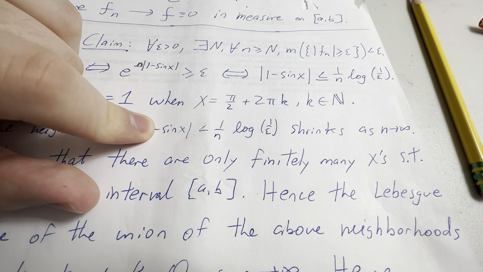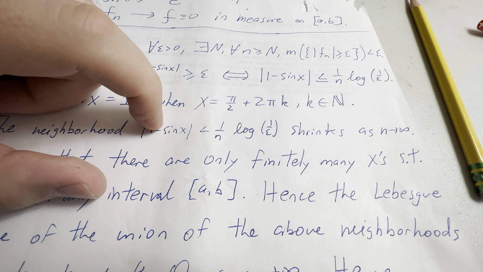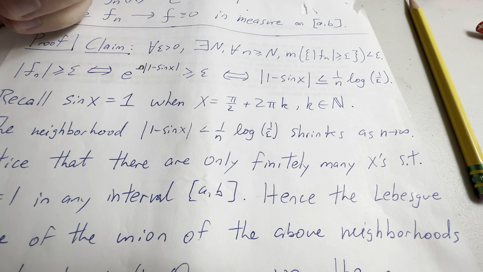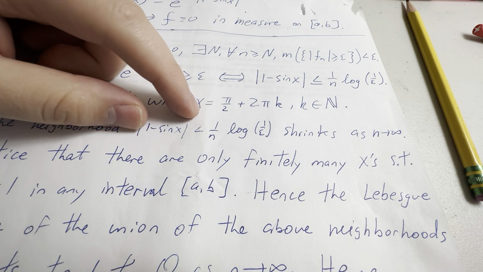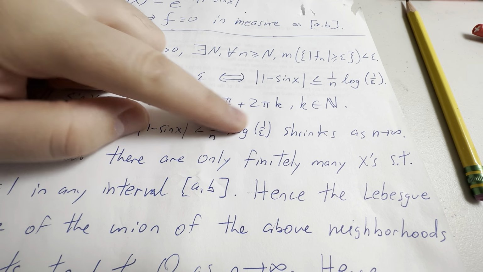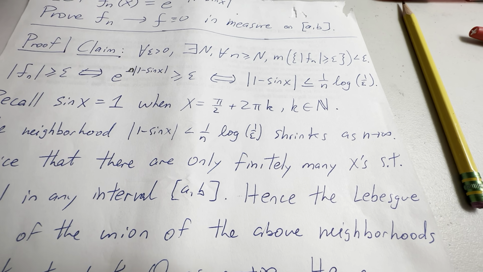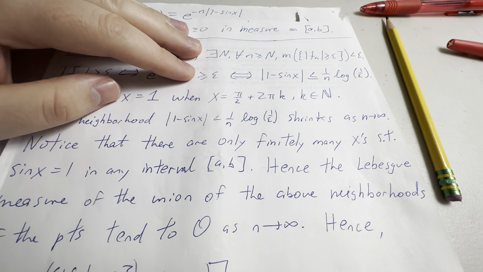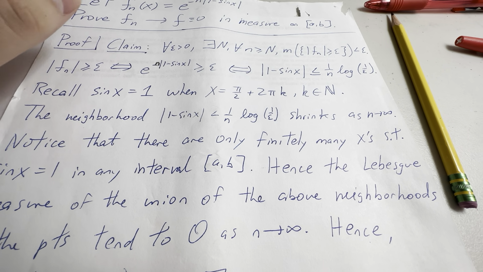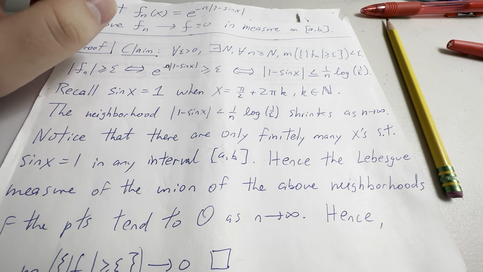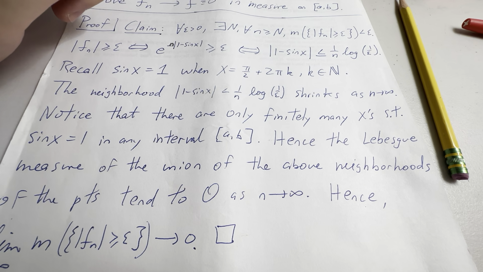x's that satisfy this for every possible n are those where these two are equal, so that you get 0. Because if this number is positive, then you can choose an n large enough where this gets smaller, and then you have a contradiction. So then we notice that there are only finitely many x's that satisfy that, which has Lebesgue measure 0.